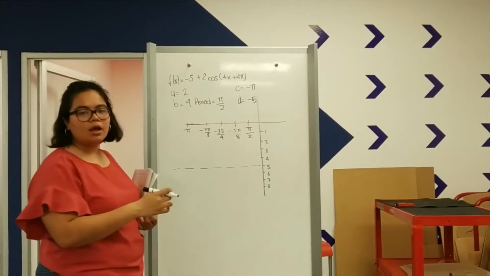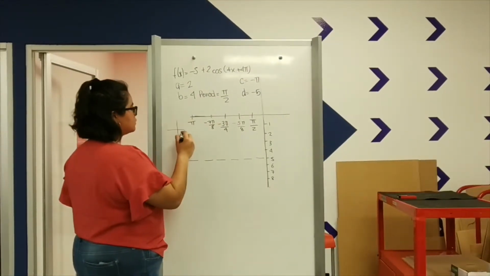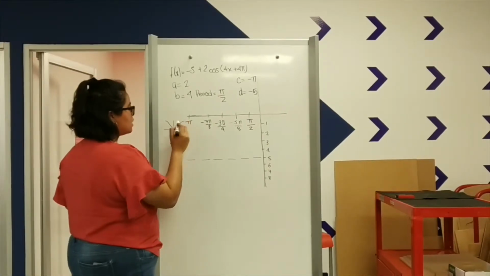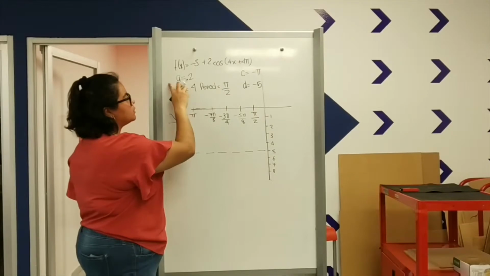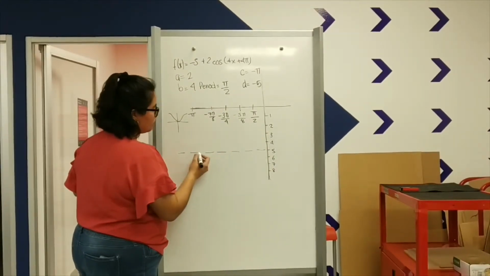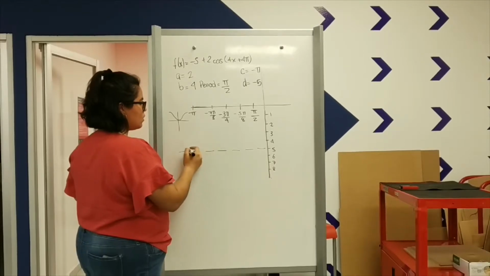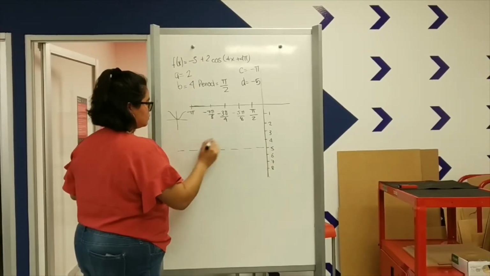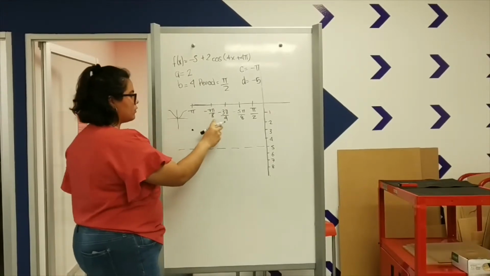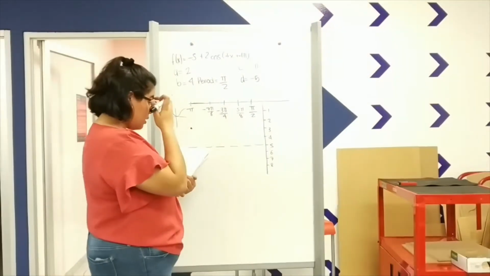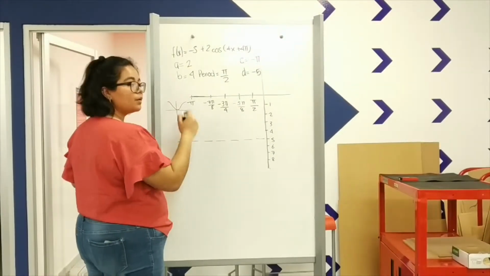And now, since the basic shape of a positive cosine is this one, we're gonna start with -5, and the amplitude is 2. So we're gonna go from our origin 2 up. So it's gonna be -3 and -π, and then for this one, we're gonna go 2 down because we already went up.